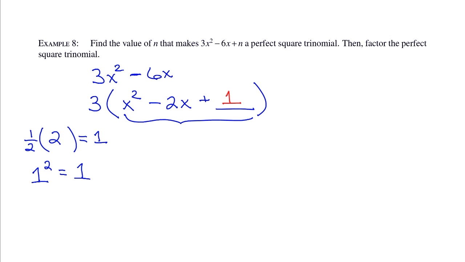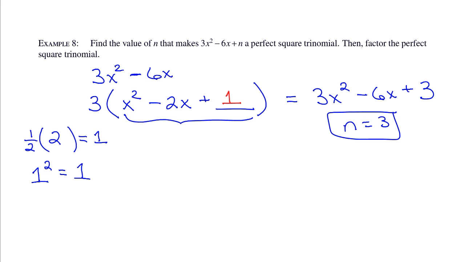And so technically, let me write it here, that makes 3x squared minus 6x plus 3. So n is equal to 3 is what makes it a perfect square trinomial.